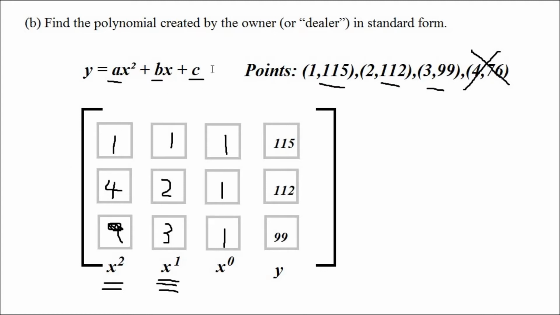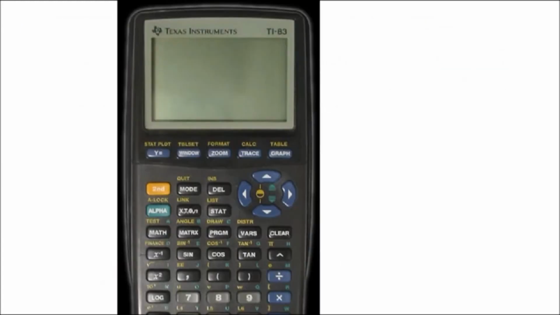Now, finally, to get the actual coefficients, a, b, and c, we need to reduce this matrix to echelon form, and that can be done using a calculator or a computer. On the TI-83 or TI-84 calculator, you'll enter the matrix first using a matrix button.